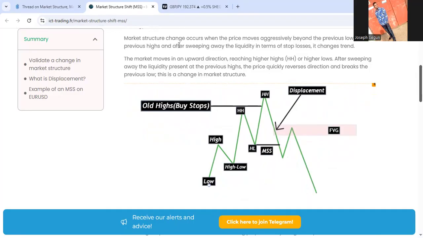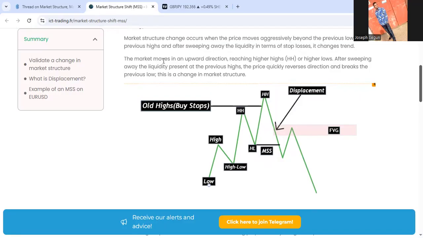Market structure shift occurs when the price moves aggressively beyond the previous high or low, and after sweeping away the liquidity in the form of stop losses, it changes trend.